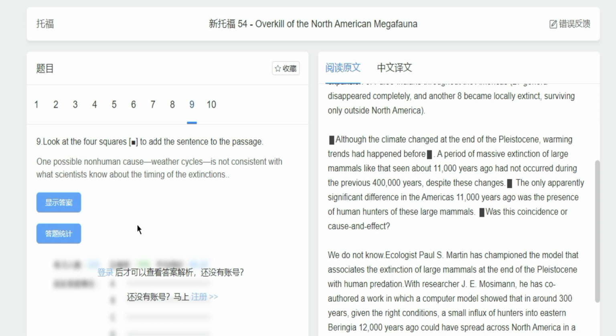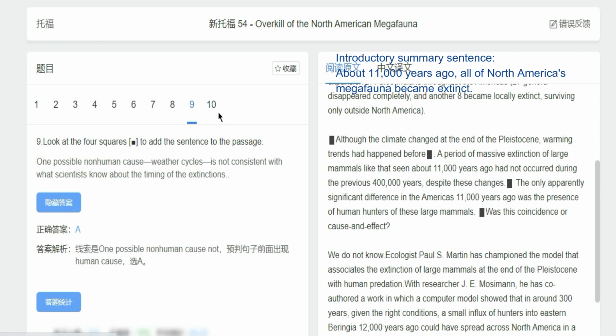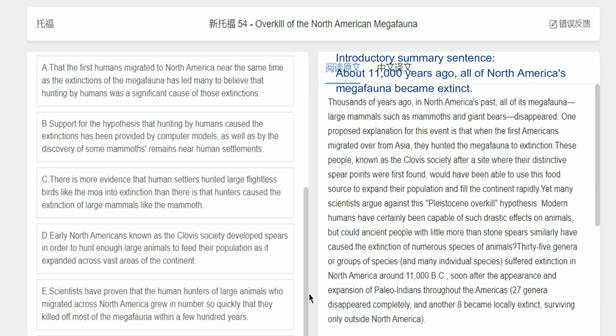Number 10, summary question. As I always emphasize, you have to work with the introductory summary sentence. All the correct options support the introductory summary sentence. Okay, so what is the introductory summary sentence here?